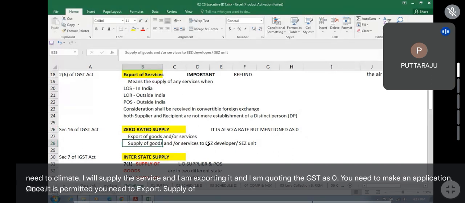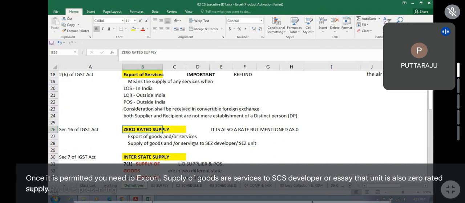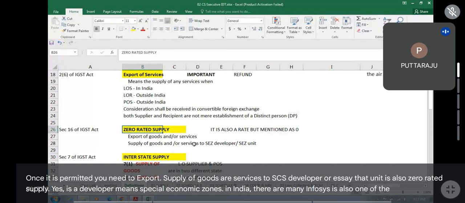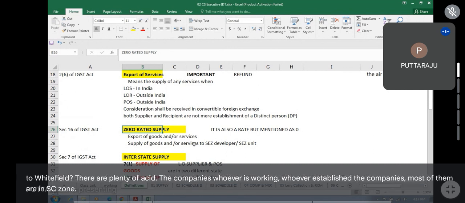Supply of goods or services to an SEZ developer or SEZ unit is also zero rated supply. SEZ means special economic zones. In India, there are many. Infosys is also one of the SEZs. If you go to Whitefield, there are plenty of SEZs. Most of the established companies are in SEZ zones.